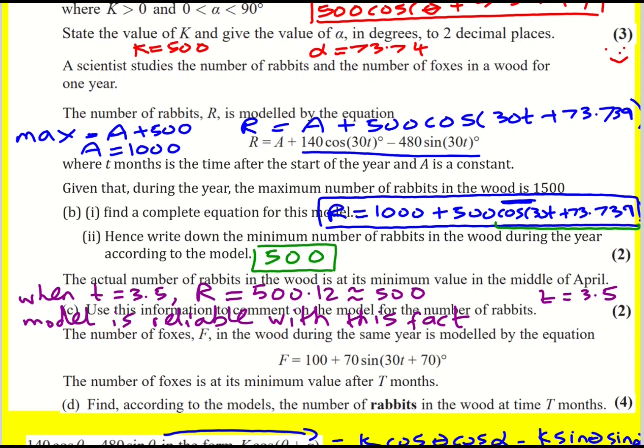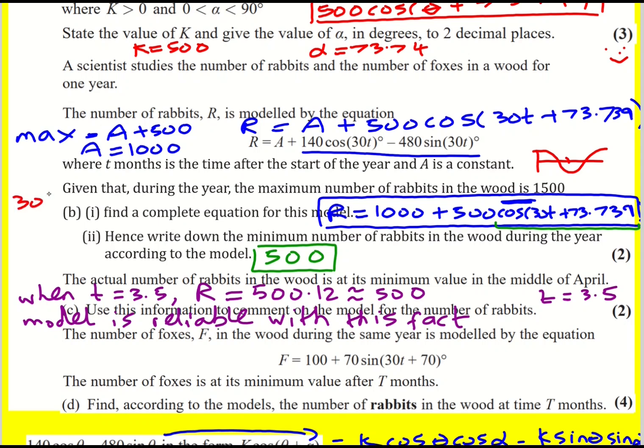Just to return to my alternative method that I wanted to share, and another time you might be asked to do this, so it's not a waste of time. We could find out where the minimum occurs. In another question we might just say, when does the minimum value occur? For that, we think, where does cos hit its minimum? It looks like it's when the argument inside is 180.